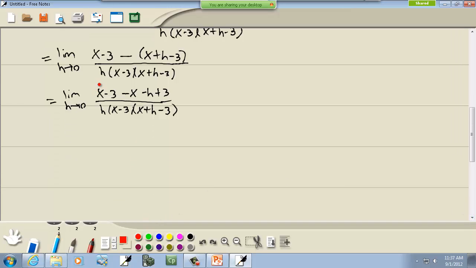Combining like terms on top, x minus x cancels, and negative 3 plus 3 cancels. So we're left with the limit as h goes to 0 of negative h over h times x minus 3 times x plus h minus 3.